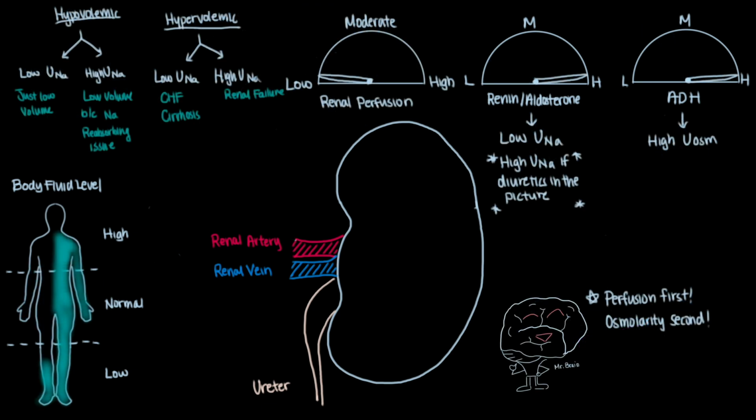So some key points to summarize some of the conditions that we just talked about. For hypo and hypervolemic hyponatremia, the key things to note are the kidneys work mainly off of two signals, which are RAS and ADH. RAS increases with decreased kidney perfusion. ADH also increases with decreased kidney perfusion.